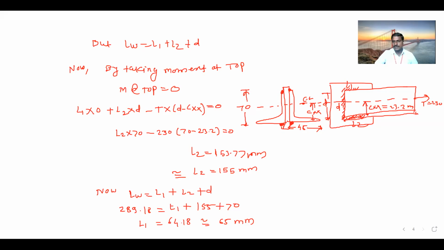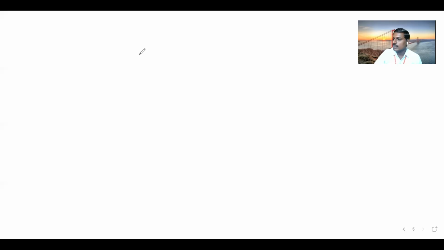Okay, so now we have to draw the design details. It means we have to draw the sketches. So final sketch we have to draw. So in this way. This is top side. This is bottom side. That we have to show properly.